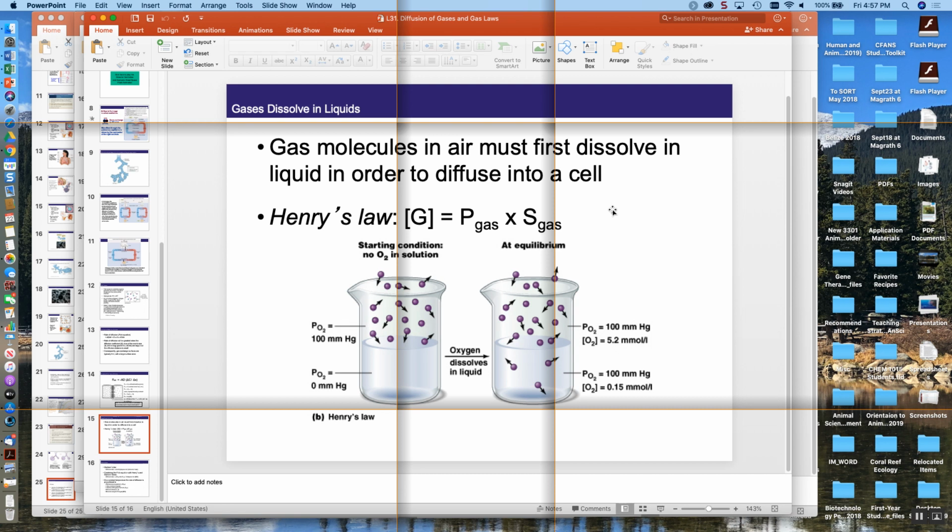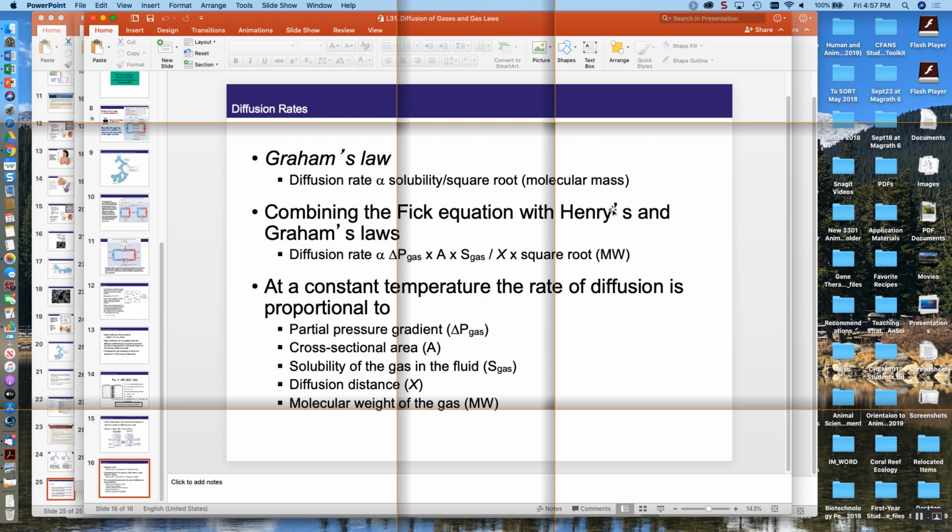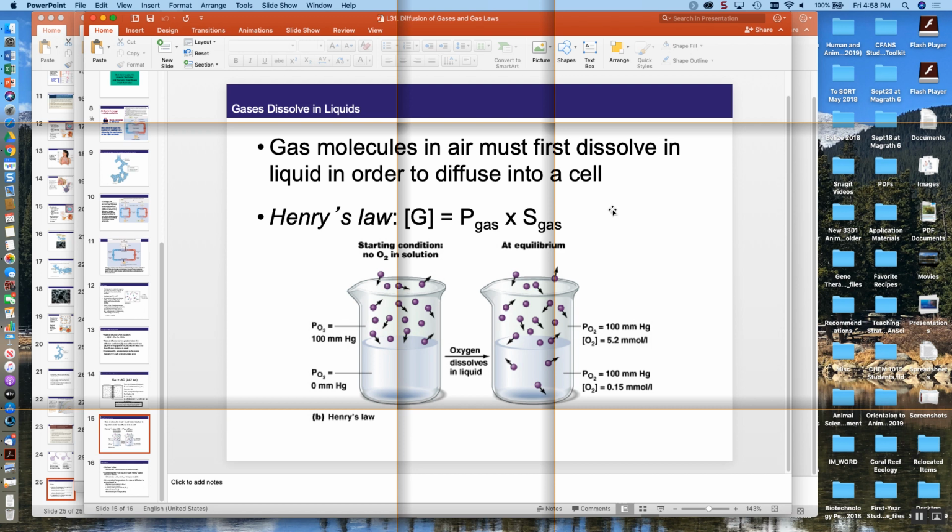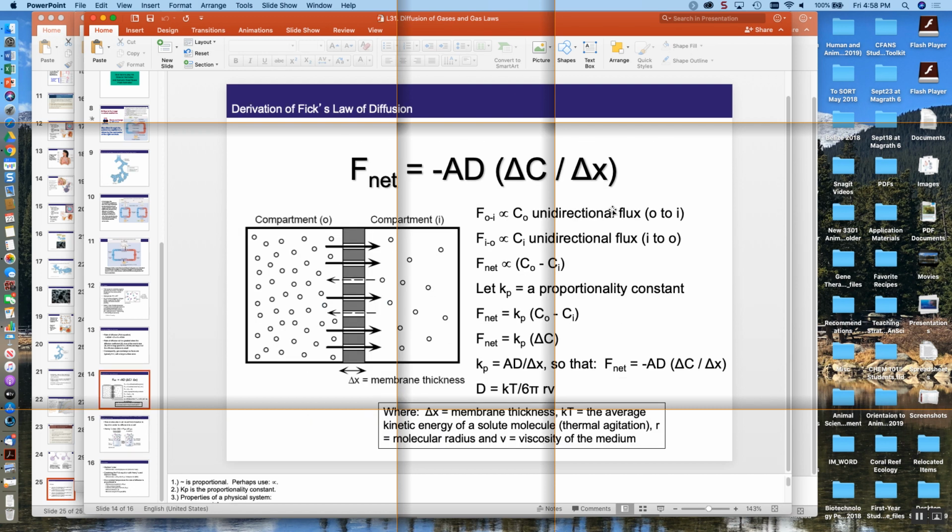That's all Graham's law is. It's a combination of Henry's law and Fick's law. So with this last slide, just remember partial pressure, you're just inserting delta P and S instead of concentration. And you just need to know the relationships. We're not doing any calculations. Okay?